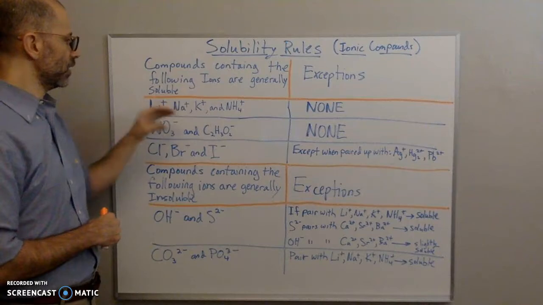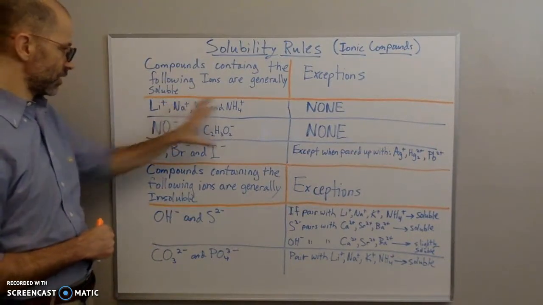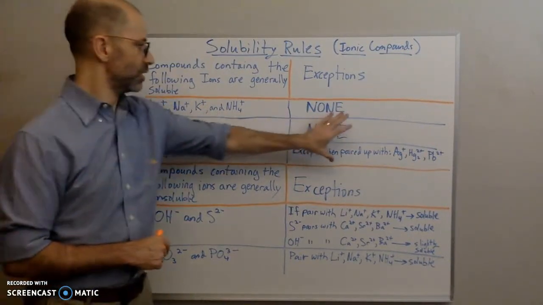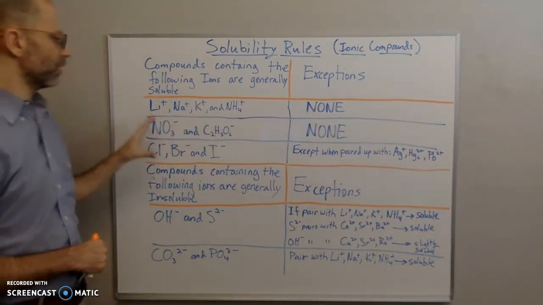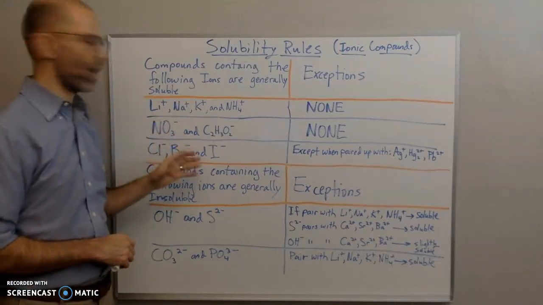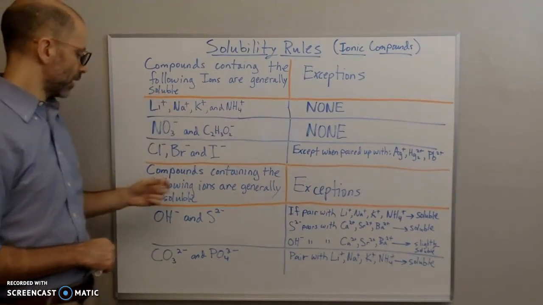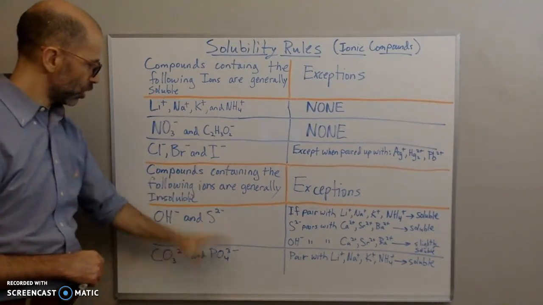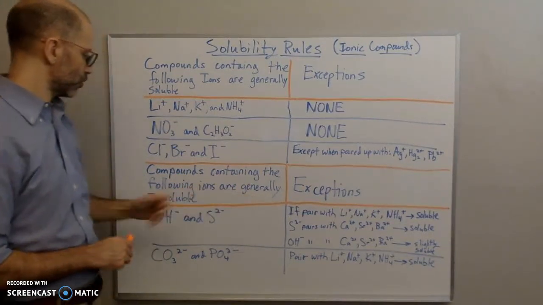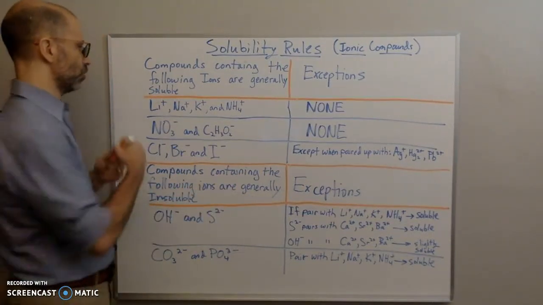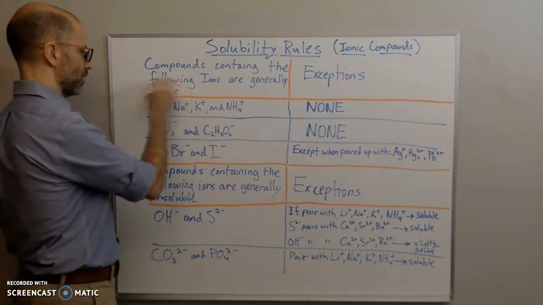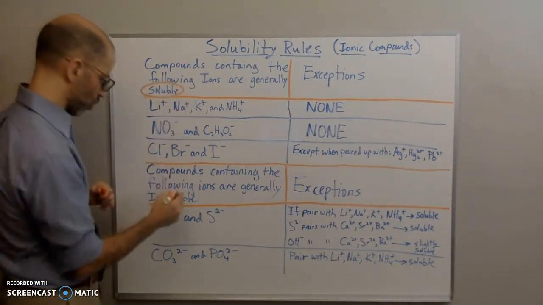So generally, the ones in this top part of the table have to do with whether or not they are generally soluble, right? And then this part below has to do with whether they're generally insoluble. So you got to pay attention to the wording.